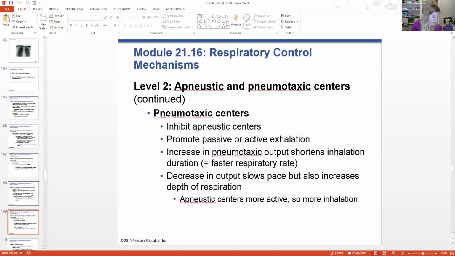So basically the way this works, I thought I had a graphic organizer. Nope. So for just general regulation of breathing, again, I would make a graphic organizer of this.